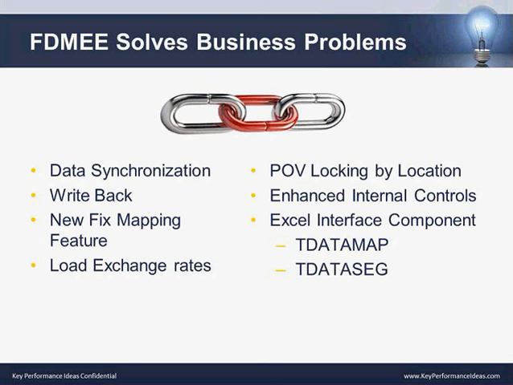And TData Seg holds all of your current data and your historical data. Those are two examples I wanted to pass your way. If you want to look at them from an FDMEE database repository level, that's going to be really good. If you're an administrator listening to this presentation, check that one out because you'll be using that for mass updates or pulling any kind of validation that you might have.